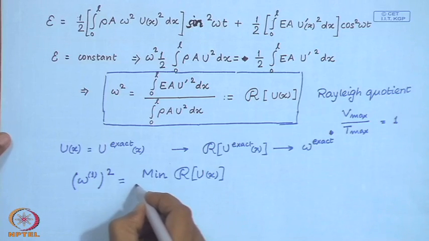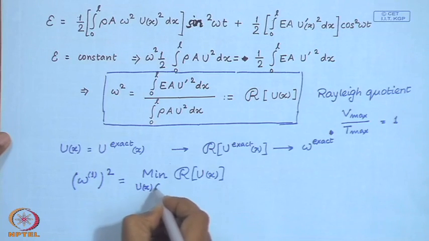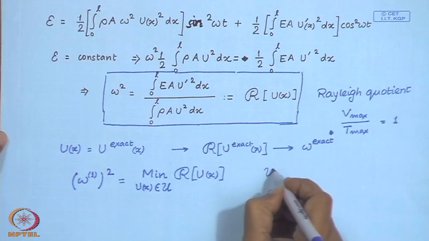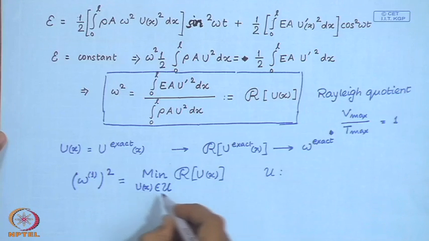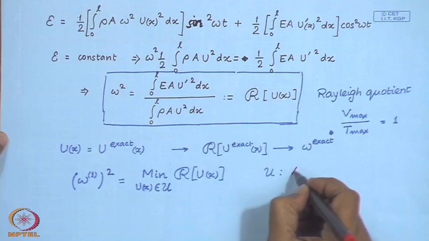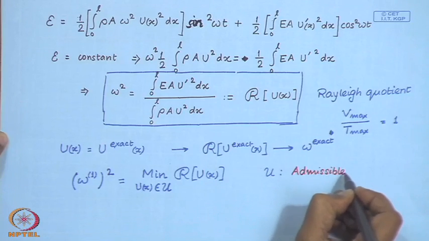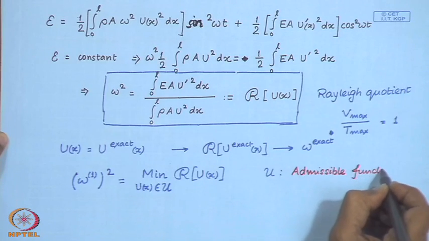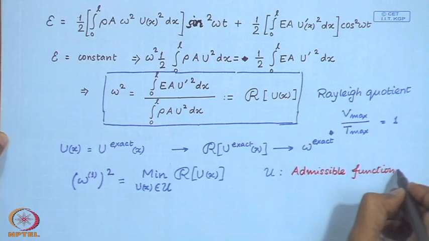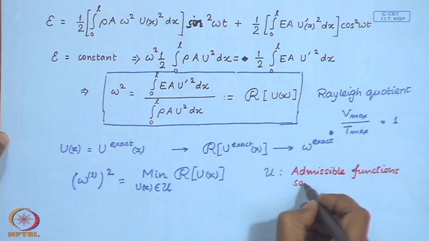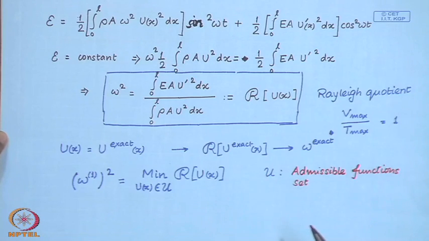The restriction is u must be a member of the set of what are known as admissible functions.